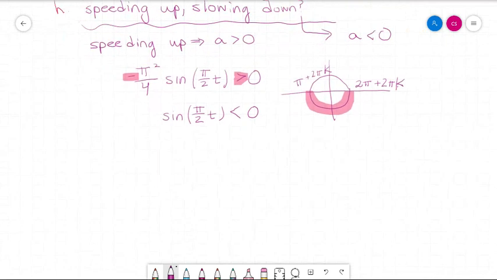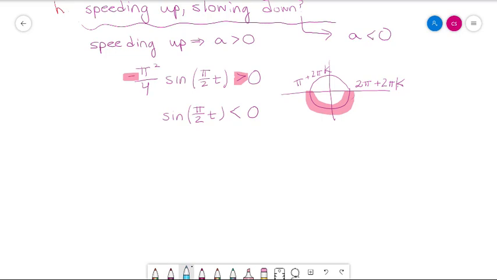Okay, but our argument isn't just t. Our argument is pi over 2 t. So we're going to want pi over 2 t to fall in this range. So we want pi over 2 t to range from pi plus 2 pi k all the way to 2 pi plus 2 pi k.